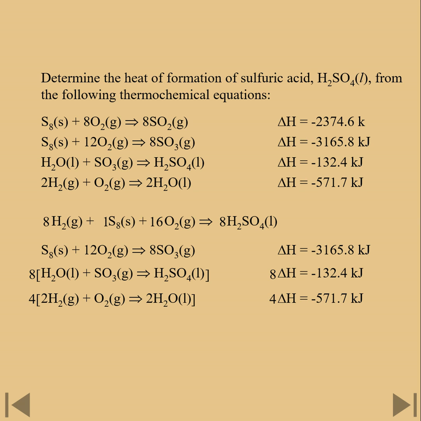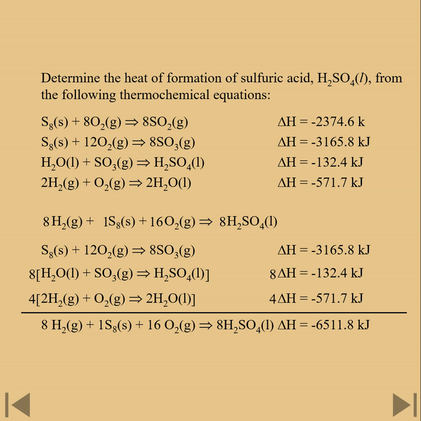Now, you can always write everything out if you're having a hard time seeing it, but you might recognize that all of those sulfur trioxides canceled. And water's canceled. And then what I'm left with is my desired equation.